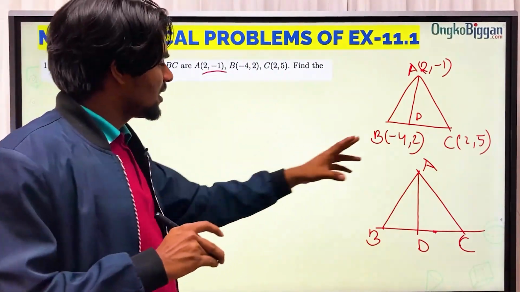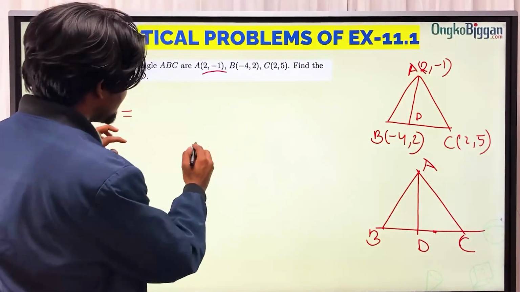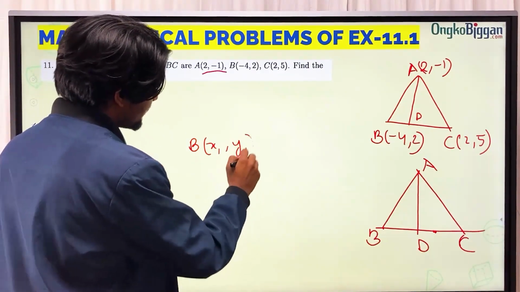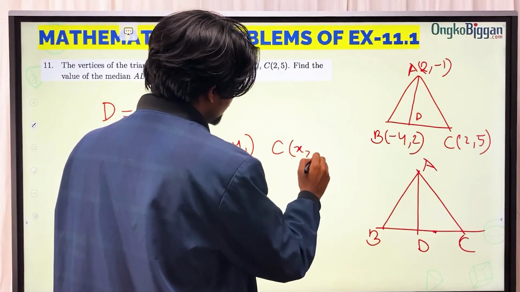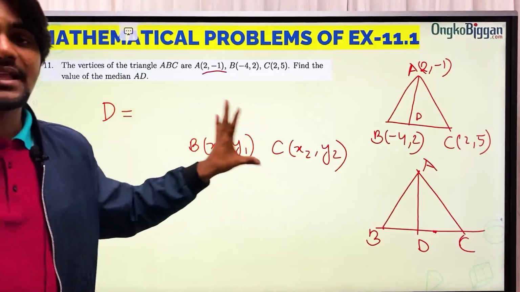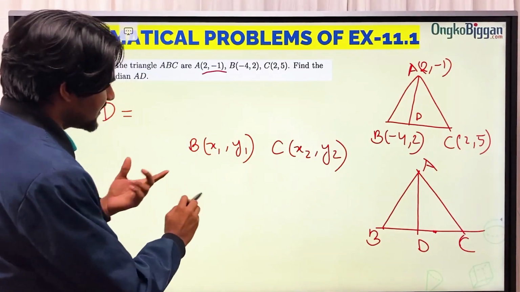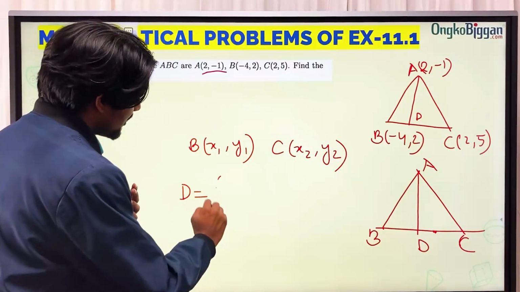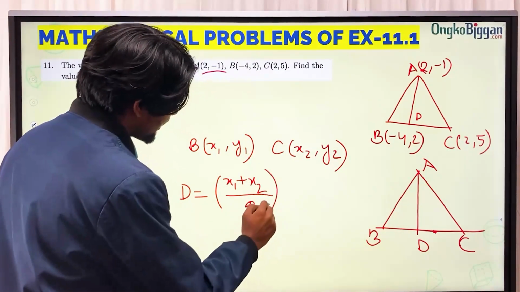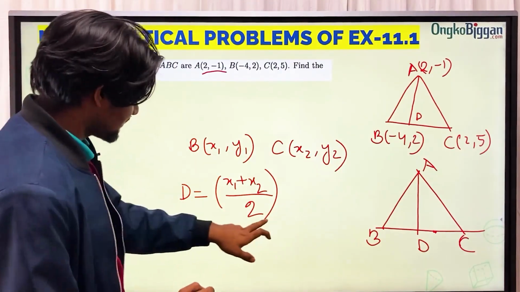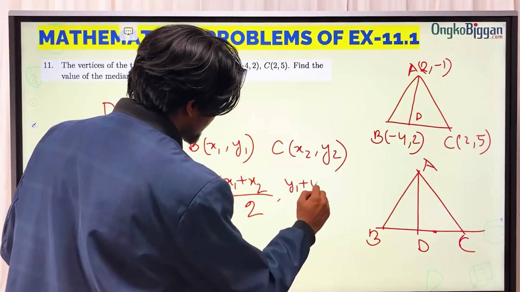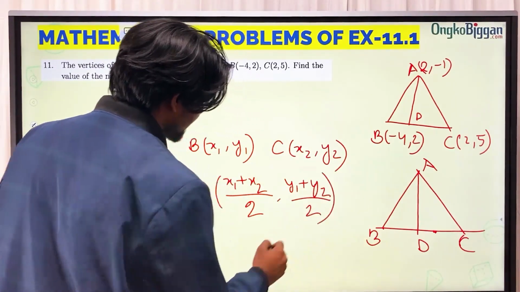So the basic idea is, if B is (x1, y1) and C is (x2, y2), the midpoint of the line joining B and C will be ((x1 plus x2) by 2, (y1 plus y2) by 2).